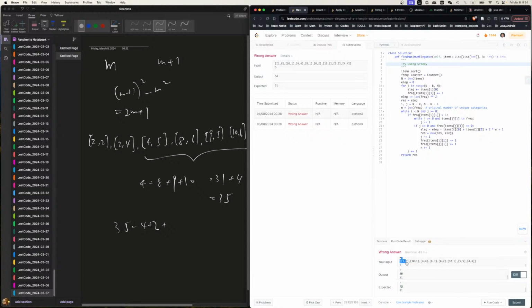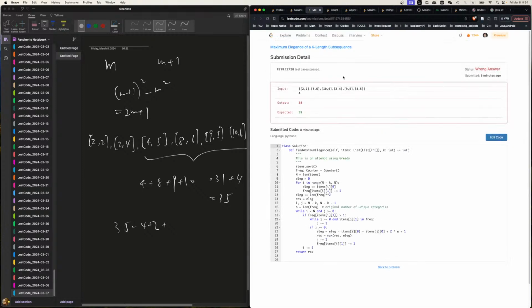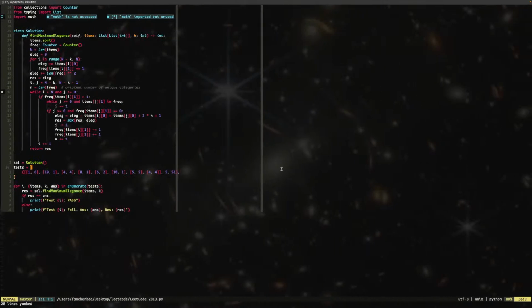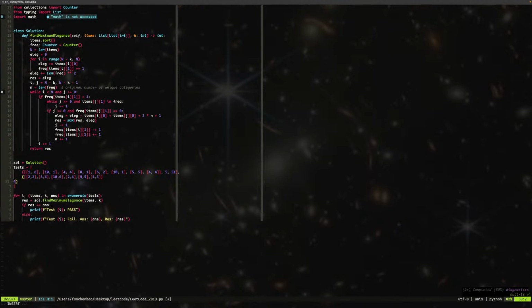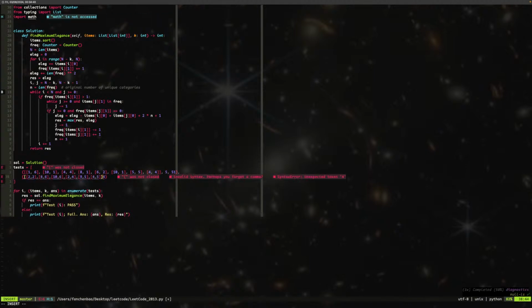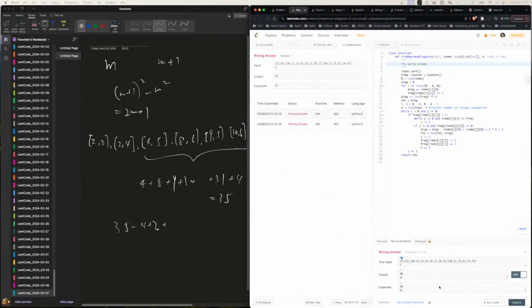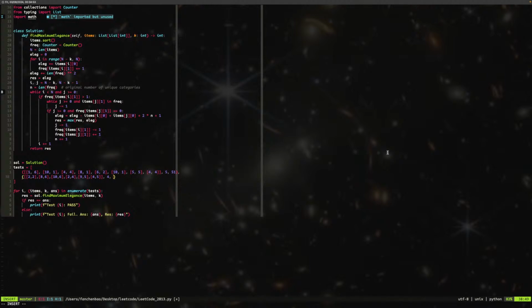Interesting. This is wrong. Damn it, I can't even select it. Okay. Let's go back here. That's all right. No, we just debug. So the answer shall be 39. I only get 38. 39.